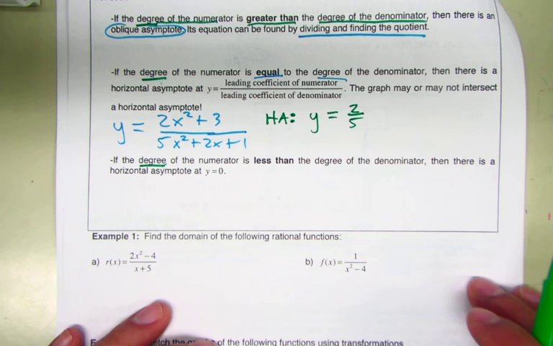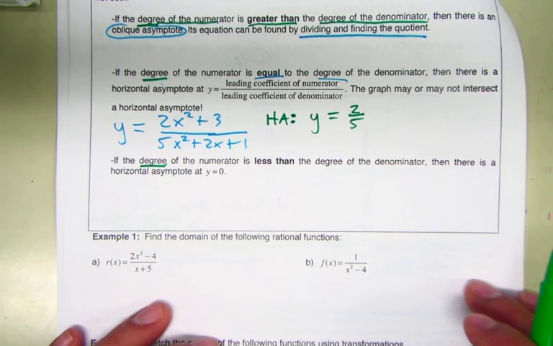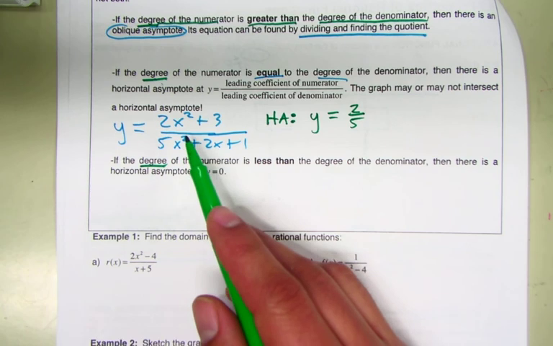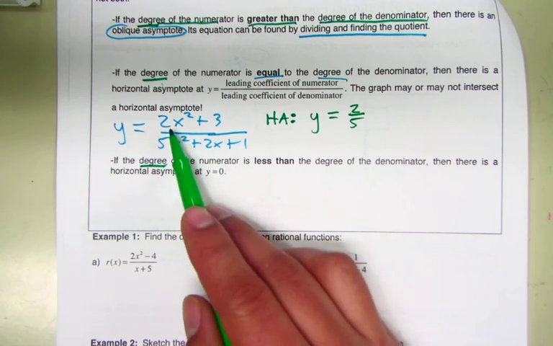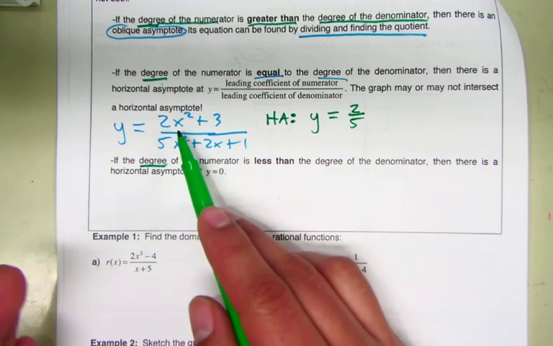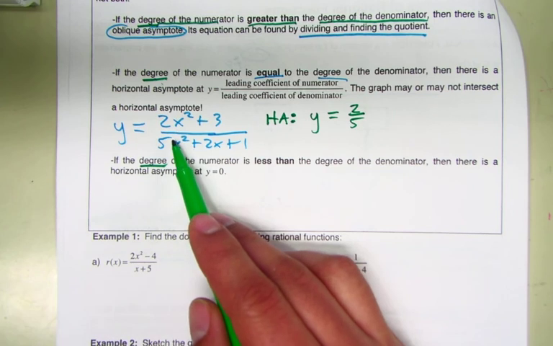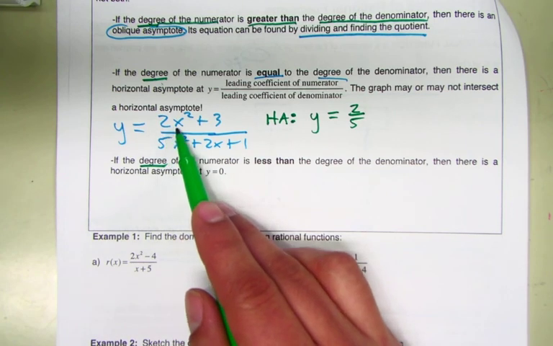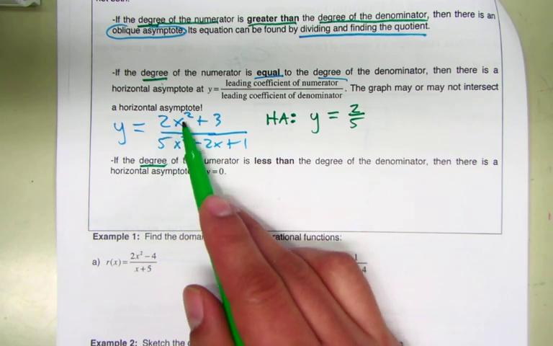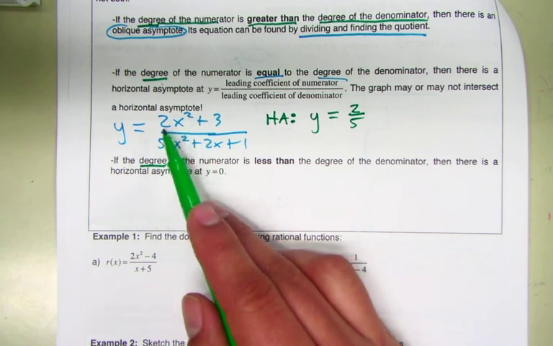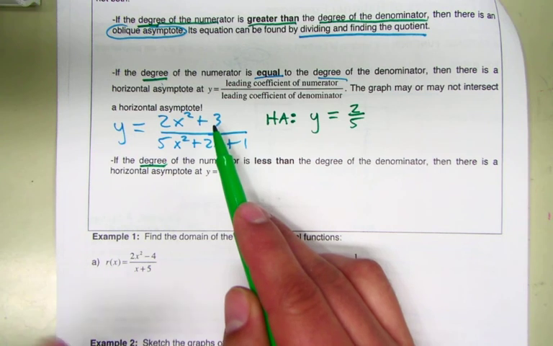Okay? Now, it's not just a magic trick or a formula. It actually makes sense. If you make x really, really big or really, really negative, same thing. Imagine 10, for example. 10 squared is 100, times 2 is 200. If you add 3, it's still pretty close to 200.